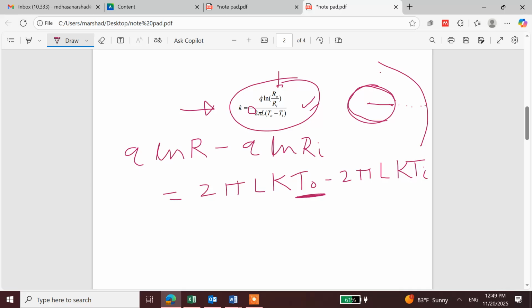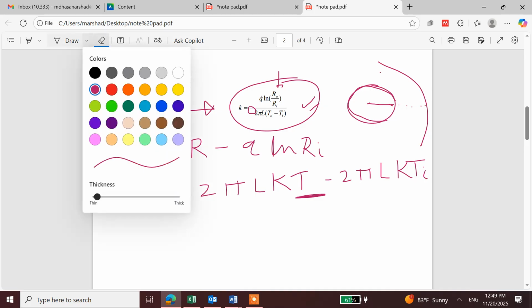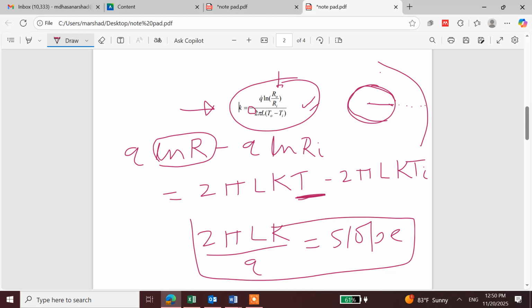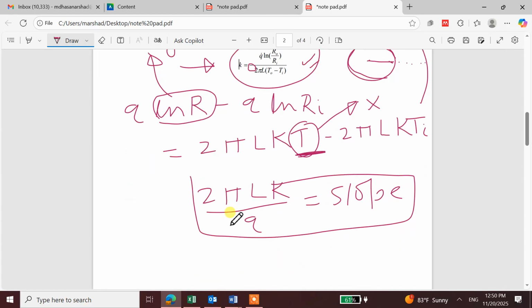The outer radius and outer temperature are varying, so we make them variables. We plot ln r versus T, so the slope will be 2 pi L k over Q, the slope of a straight line. This is Y and this is X.